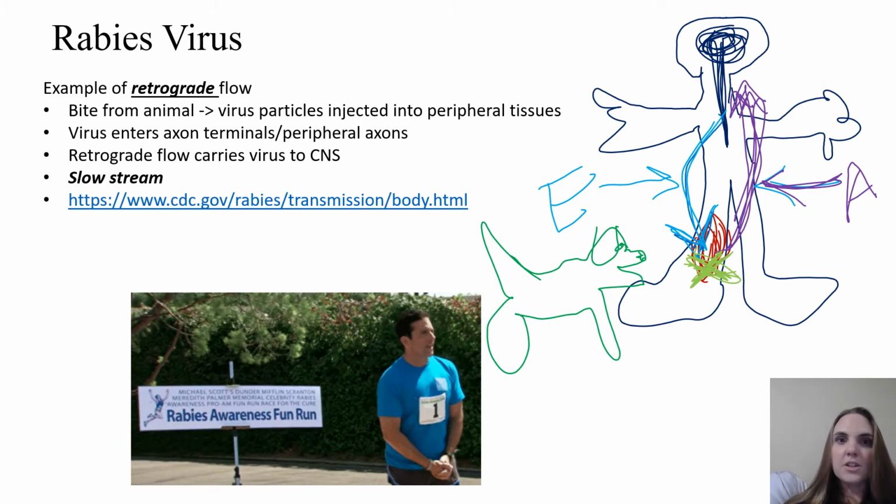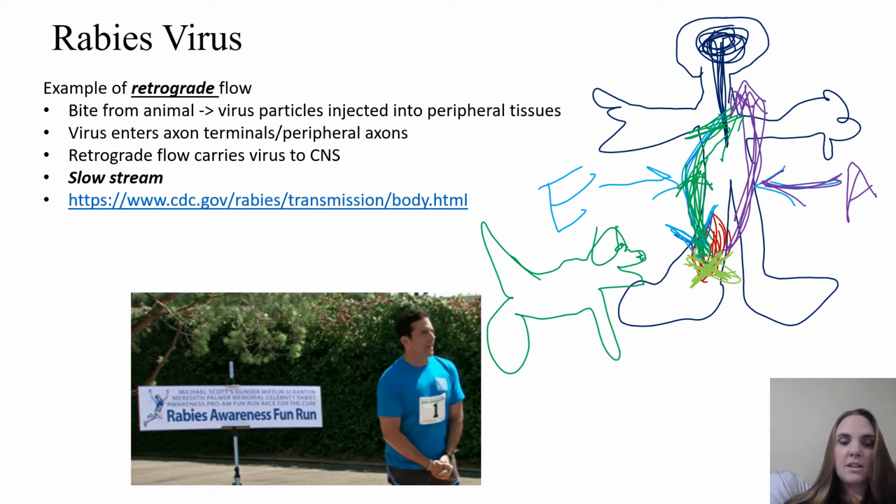So those viral particles enter the skeletal muscle, and then what happens is they travel via retrograde flow up those efferent nerves via retrograde flow in the neurons. So it's going to travel via retrograde flow from neuron to neuron. Remember the nerves are composed of multiple neurons. It's going to travel slowly back up to the central nervous system.